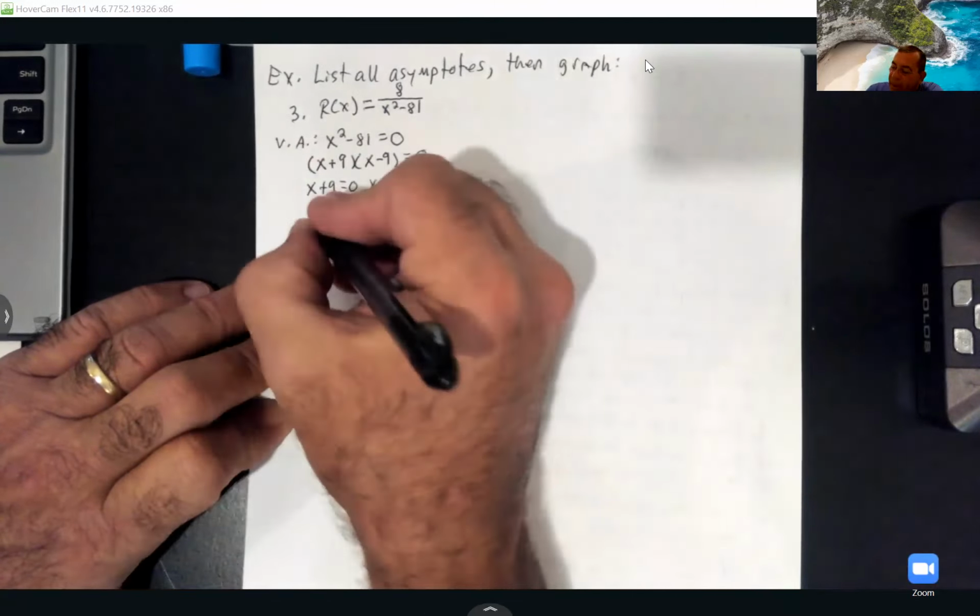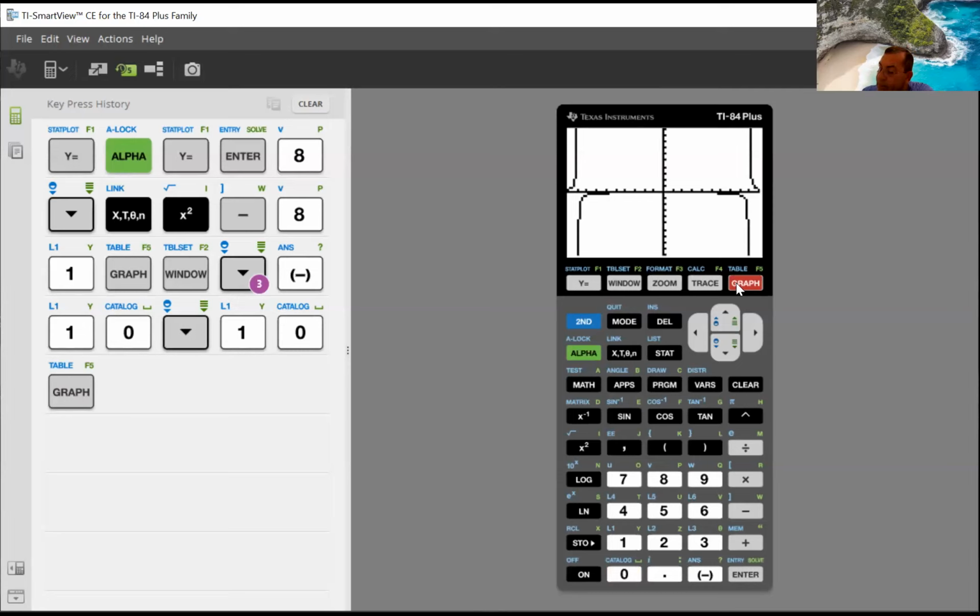So now let me hit graph. All righty, so I'm going to draw that real quick, and I'll show you what's happening on it. All righty, so I got that picture.